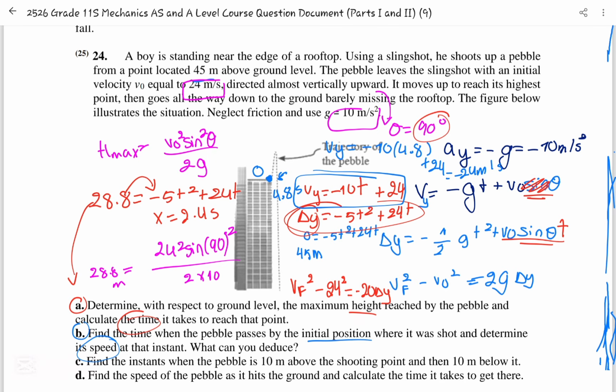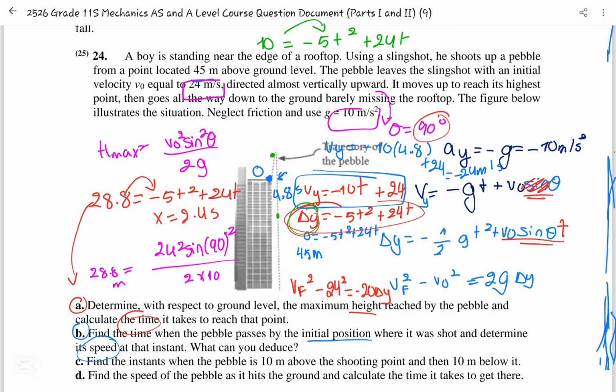Now, part C, find the instance when the pebble is 10 meters above the shooting point and 10 meters below it. So we need the 10 meters above and 10 meters below. That means delta y is either plus 10 or minus 10. Let's start. If it was plus 10, it would be 10 equals minus 5t squared plus 24t. You can move this to the other side, and then you do mod 5, 3 on your calculator. You will have minus 5t squared plus 24t minus 10.